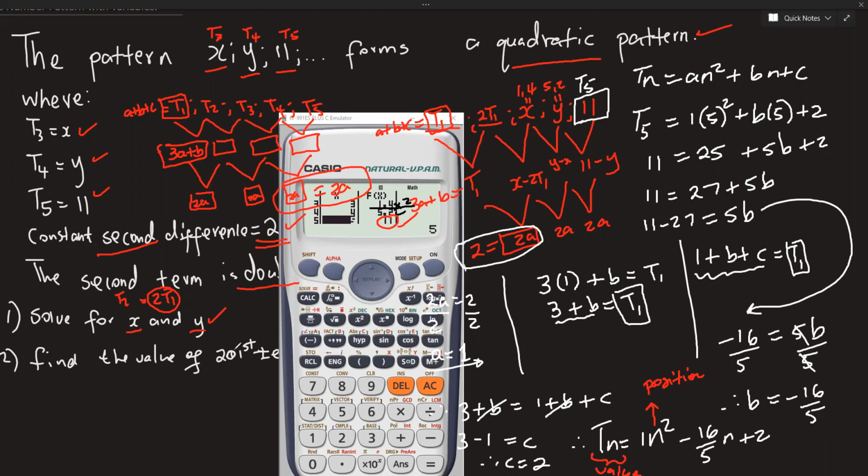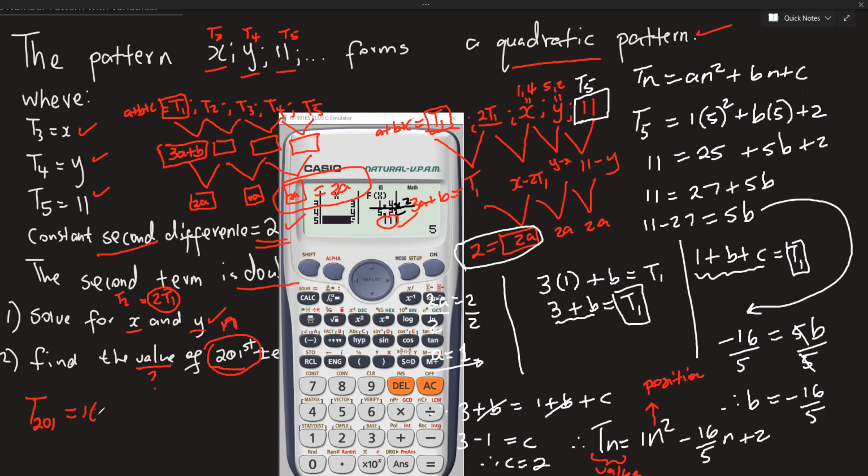Find the value of, okay, this one was straightforward. They need the value, right? They give you the position. You see, sometimes they'll give you the value, they'll ask you to find n, which is the position. But in this case, they gave us the position, which is n. So everywhere where I see n, I'm going to replace by this number. So we have Tn. Remember, the n is 201.